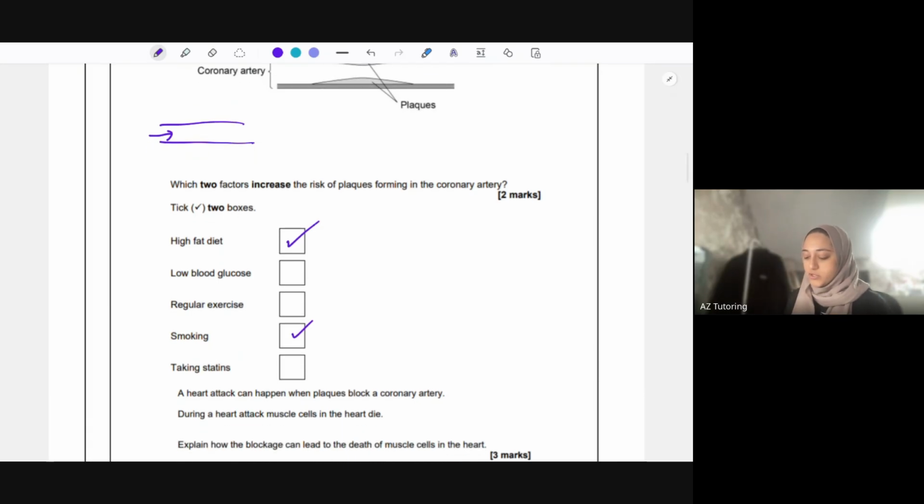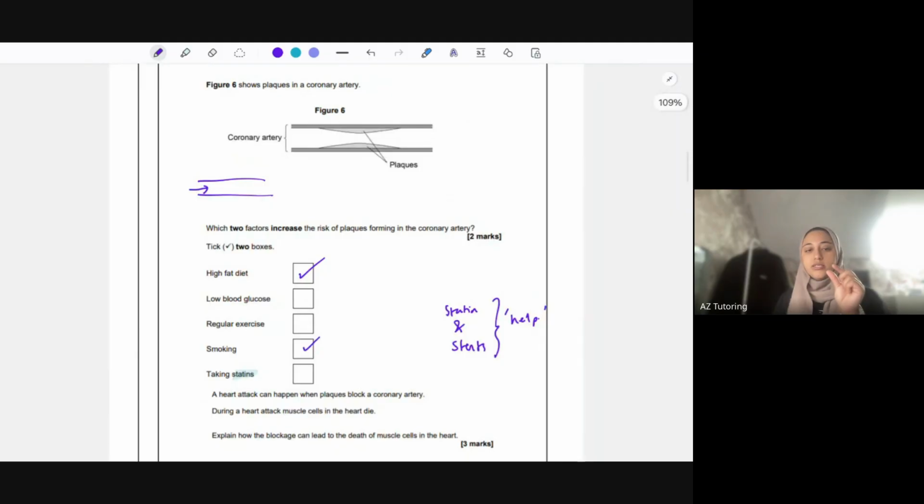Taking statins, no. So this last point, statins and stents both help cure this essentially. A stent could be like a tube thing, or even like a toothpick thing like this.